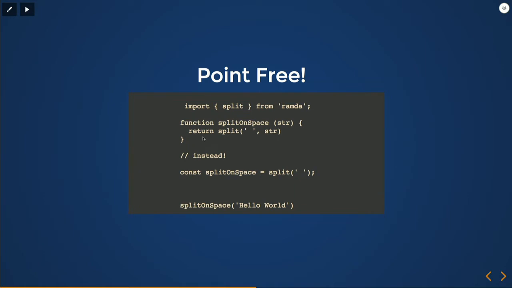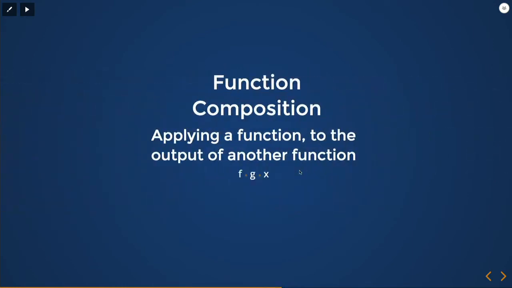We're taking a function, it's expecting this string, we're going to return split on that string. And instead, we don't really need to pass around this point, right? We have this str, and we already have a function coming from split. So if we just give split the string, it's going to return to us a function expecting what we want to split on. So pass a hello world, and you split it.